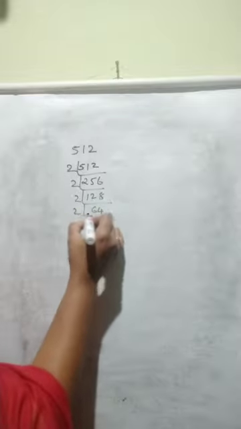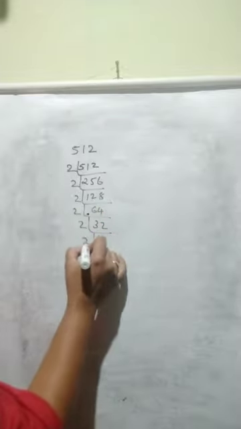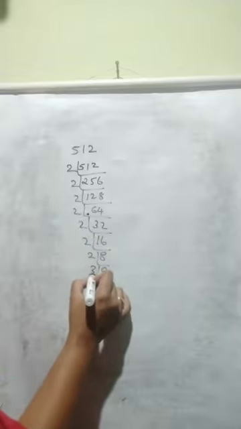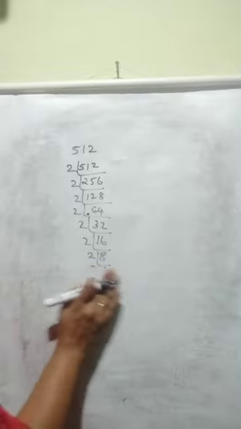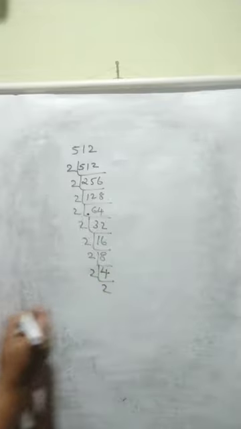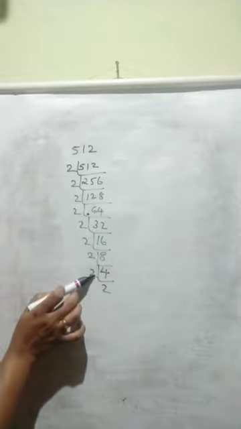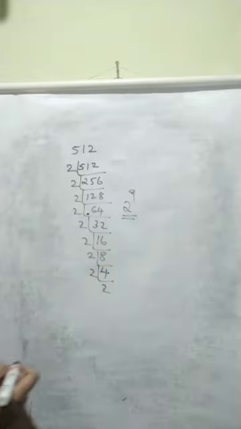Then 2, that is 32, by 2, 16. Again by 2, 8, then 4. Then 2 and 2. Okay. Then 1, 2, 3, 4, 5, 6, 7, 8, 9. So we can write this as 2 raised to 9.